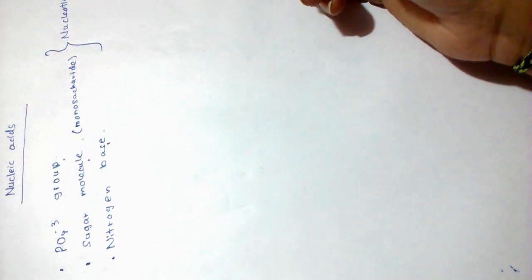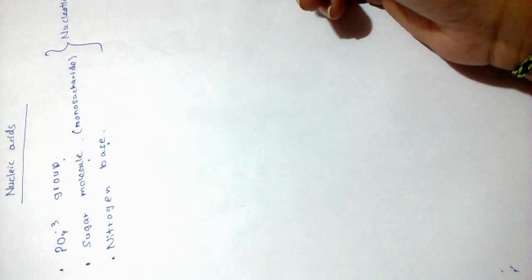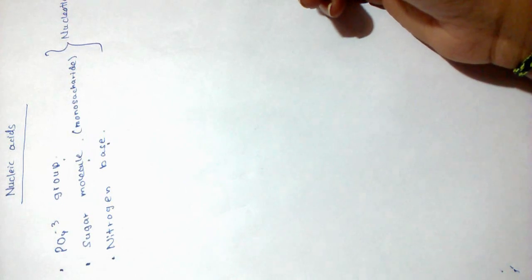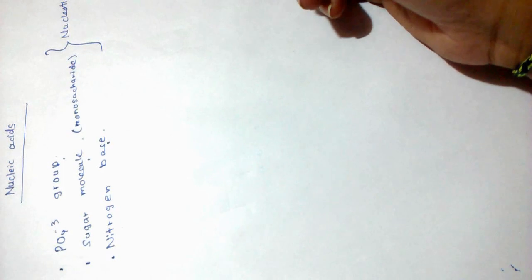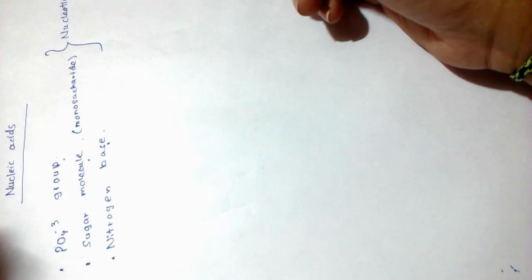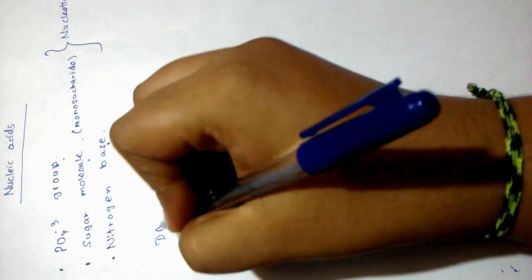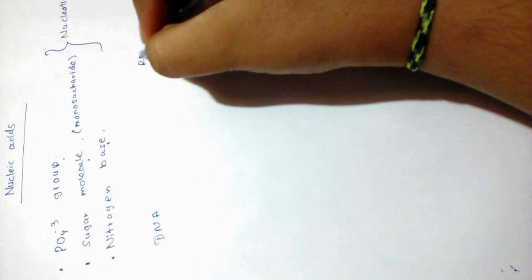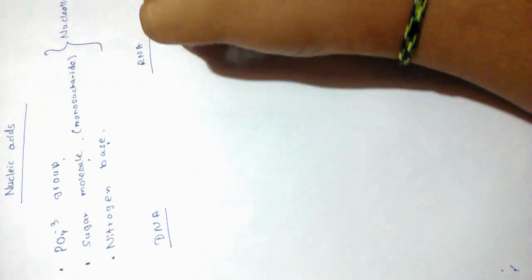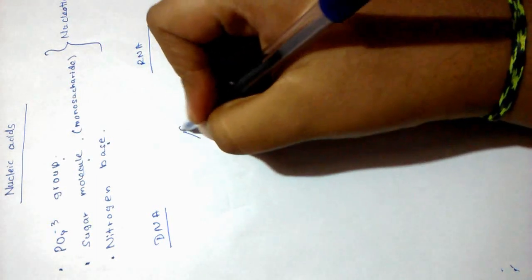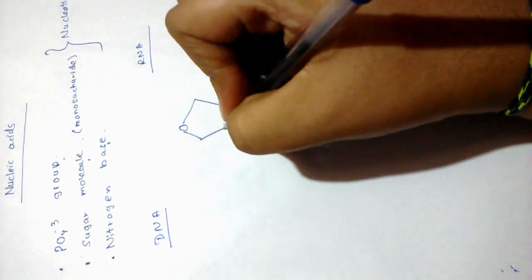In DNA and RNA, there are different structural, functional, and also property differences. So first, we have to know about the structural differences. A DNA molecule and an RNA molecule both contain a sugar molecule. The sugar molecule is a pentagonal sugar molecule.